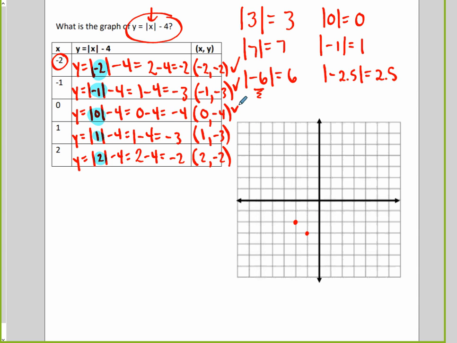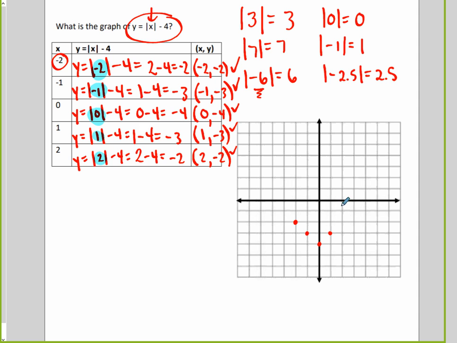Just go straight down 4. This point is going to be right 1, down 3. There's that symmetry right there. See how these are like twins? They're on the same level. They're both 3 blocks underground. And then this one is right 2, down 2.